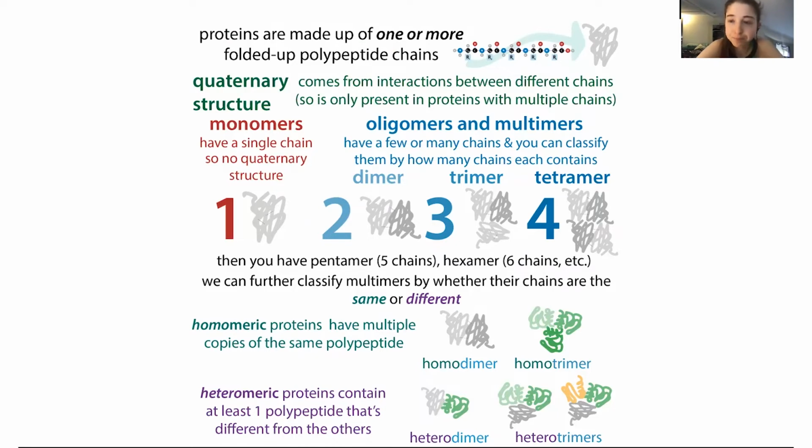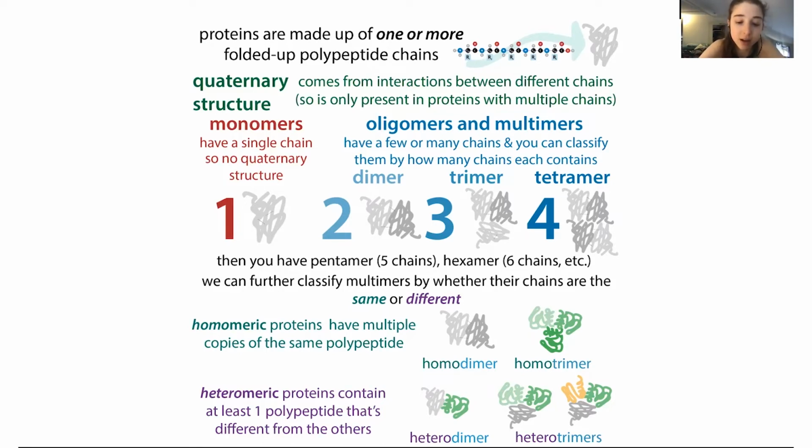And so we call these oligomers or multimers, depending on how many there are. These can be copies of the same chain, made from the same protein instructions, and those would be homomeric. But they can also be chains from different genes, so heteromeric.